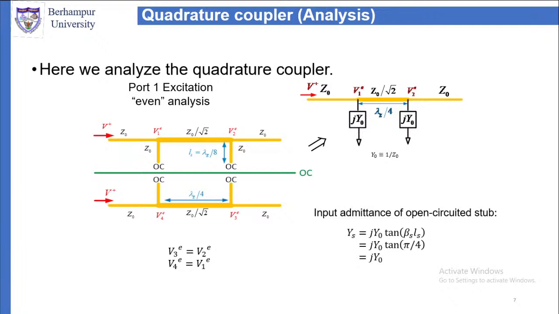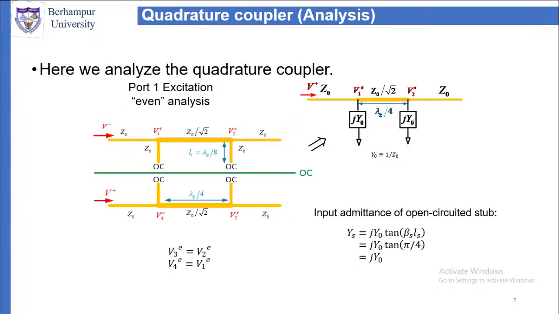Now, this indicates that we can use a simple ABCD matrix analysis to find the net ABCD matrix of this circuit. That we will see later. At junction 1 and junction 2, the voltages are V1 even and V2 even.